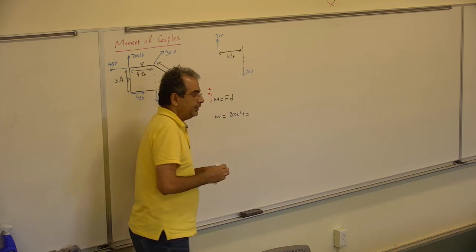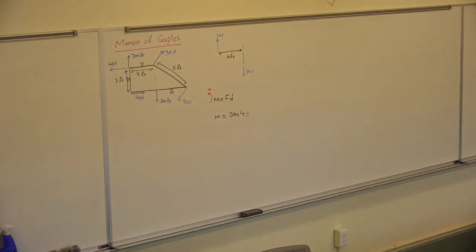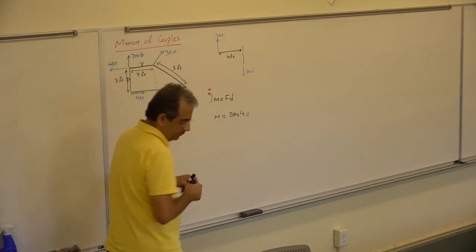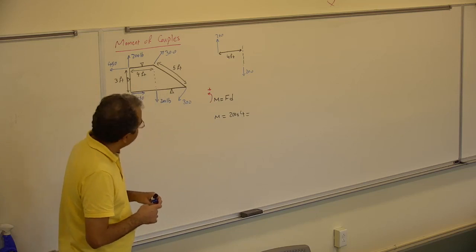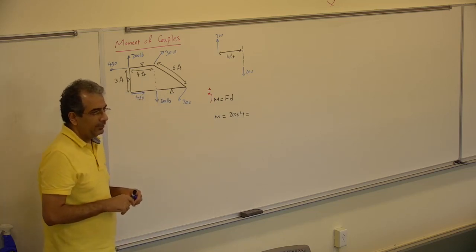Is it positive or negative? Negative 800. It's going to rotate clockwise. Okay, so if you rotate clockwise, it's going to be negative 800.